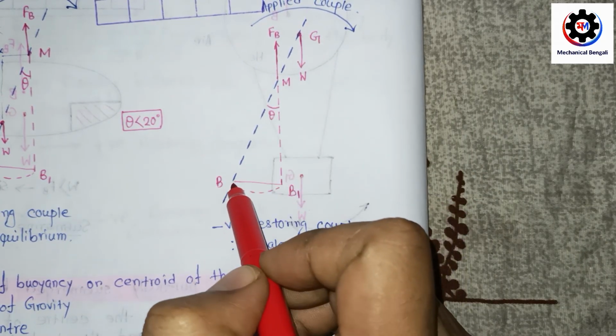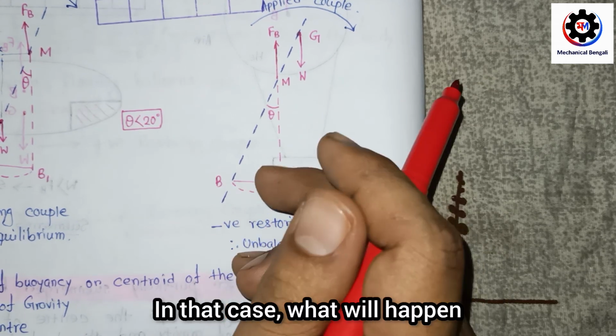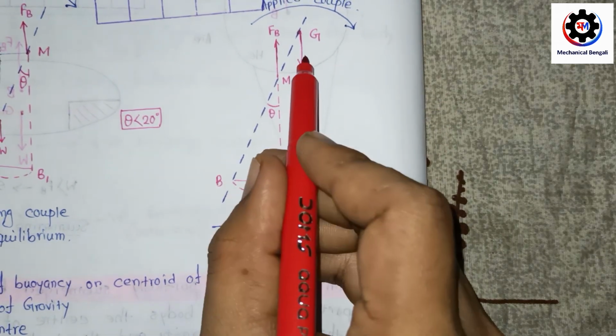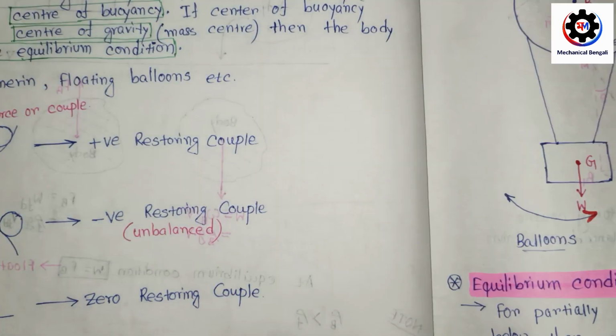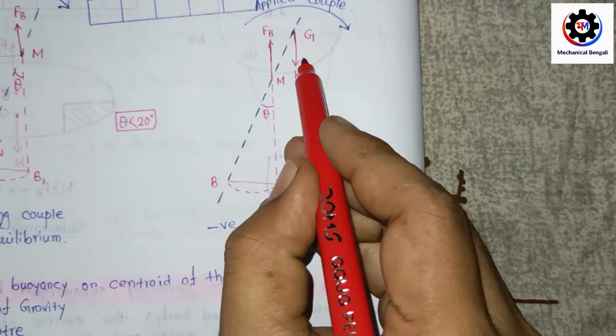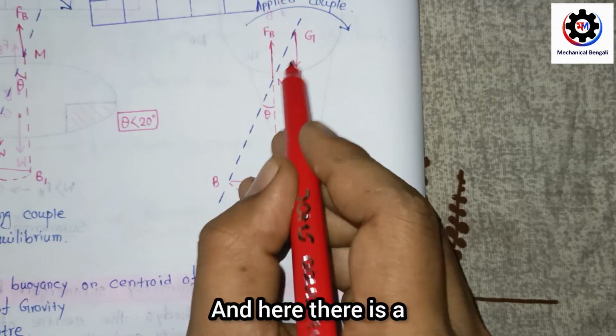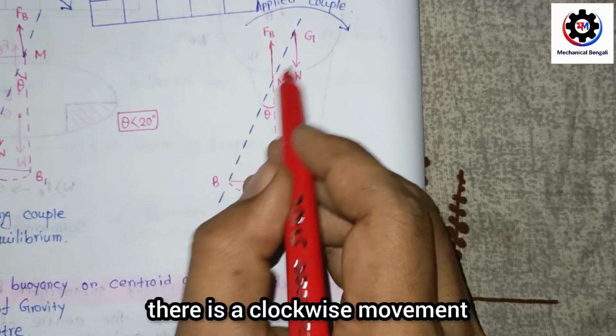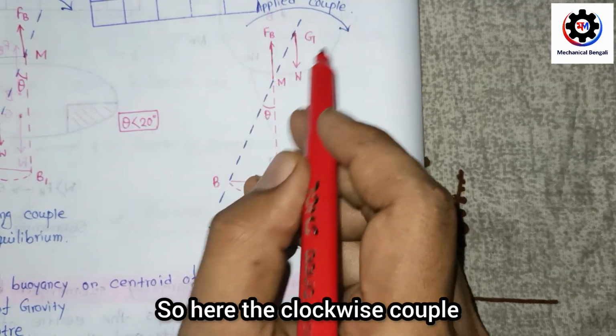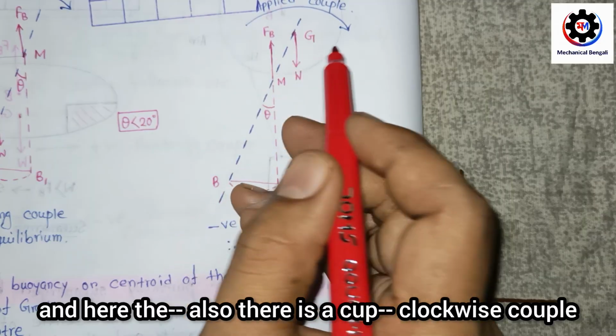G is above B. G's weight acts in the downward direction and the buoyancy force in the upward direction, and here there is a clockwise couple, and here also there is a clockwise couple.